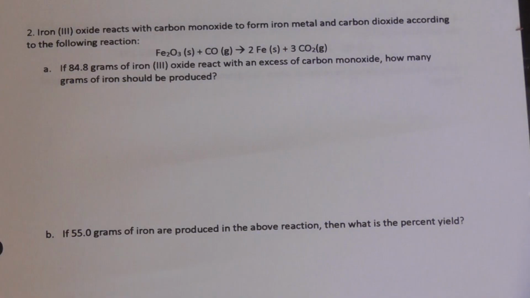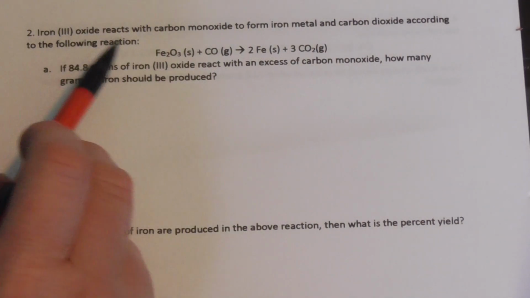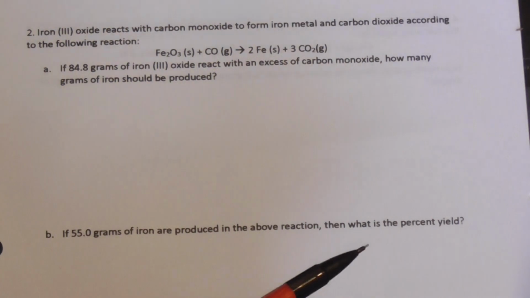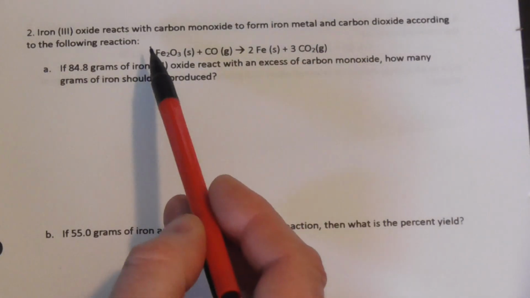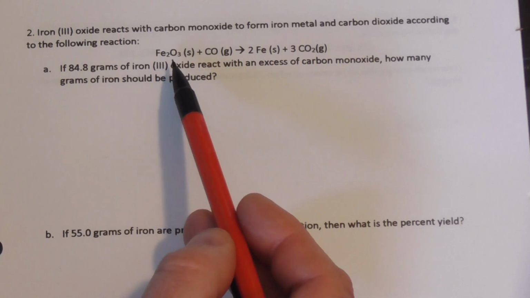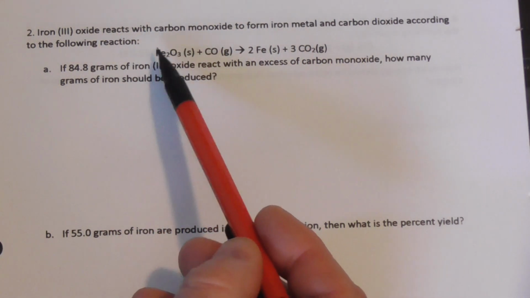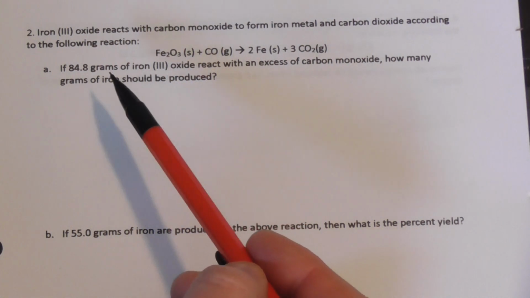So, next question. Again, by now, we have to know iron 3 refers to the charge on each iron atom. This is a formula unit of iron 3 oxide. This is a molecule of carbon dioxide. This is a formula unit because it's a metal and a nonmetal.